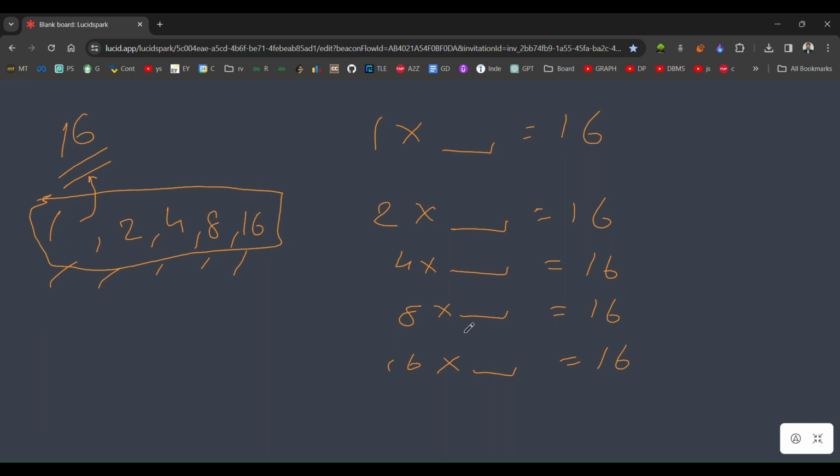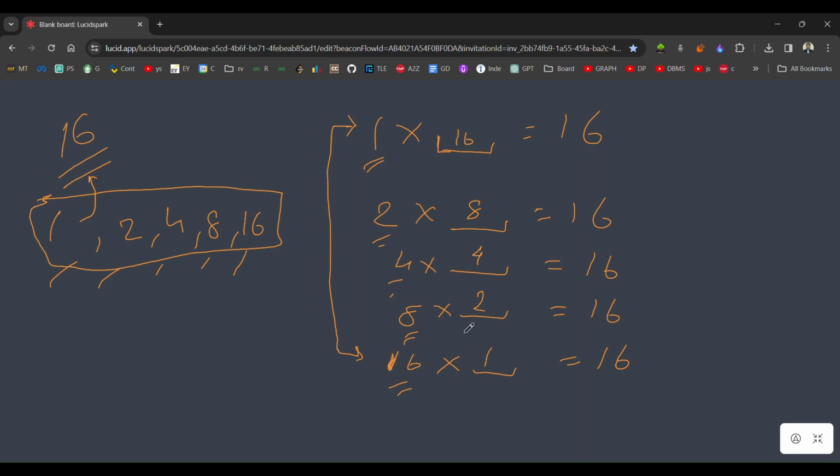So these all are the factors. So basically we iterated from 1 till 16 to get these values, right? So let's find out what this other number is. So 1 into 16 is 16, right? 2 into 8 is 16, 4 into 4 is 16, 8 into 2 is 16, and here it's 16.